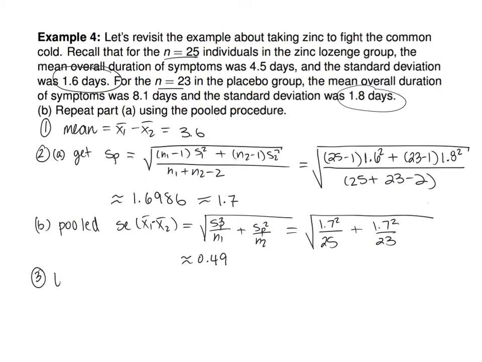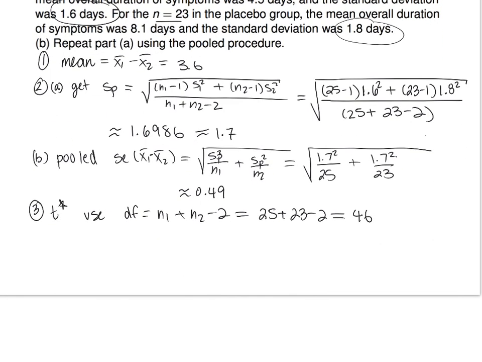Okay, next we need to find our t star. For degrees of freedom, it's n1 plus n2 minus 2. So 25 plus 23 minus 2 comes out to be 46. Looking at a table and perhaps averaging the t-stars for 50 and 40, we end up with a t-star awfully close to 2.